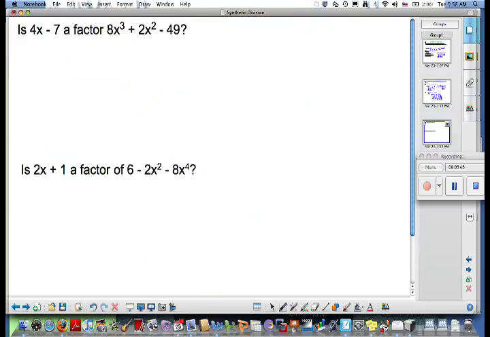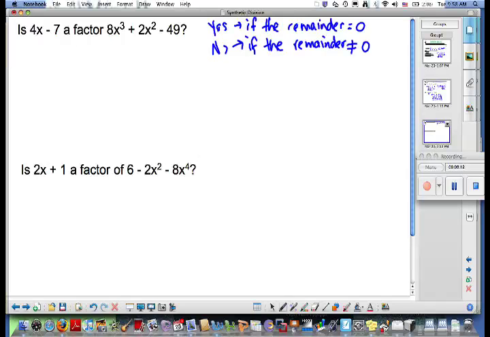Another type of question they could ask is, is 4x minus 7 a factor? If it is a factor, yes. If the remainder is 0, and the answer would be no if the remainder is not 0. So, how do we figure that out?